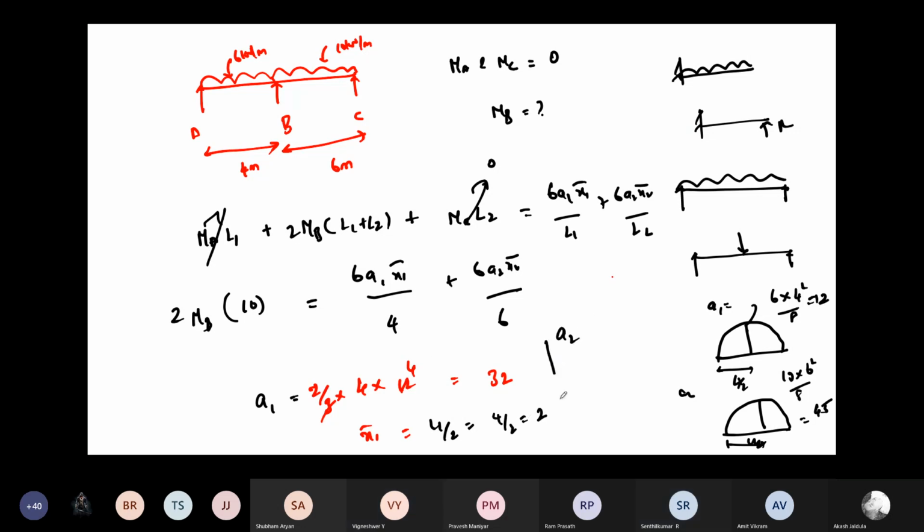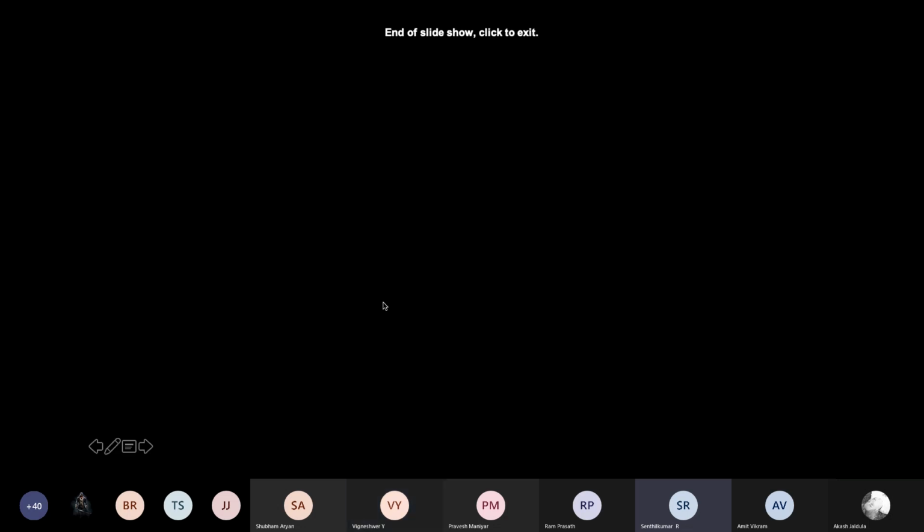What about A2? Again 2/3, L is 6 meter, H is 45, that is 15. So A2 will become 180. X2 bar is 6 by 2, that is 3 meter. So just write the equation now.